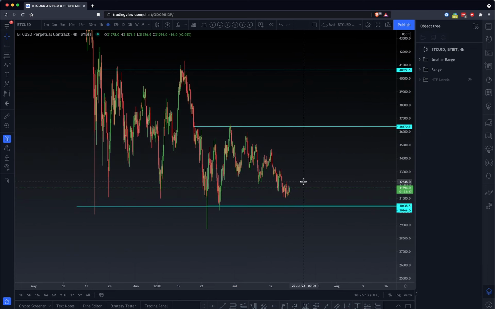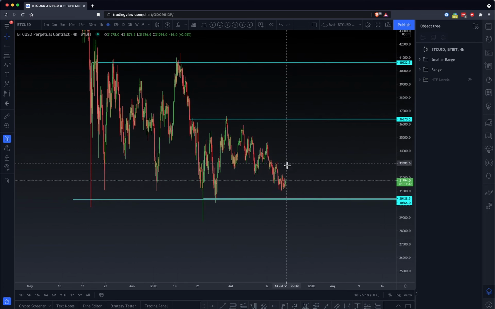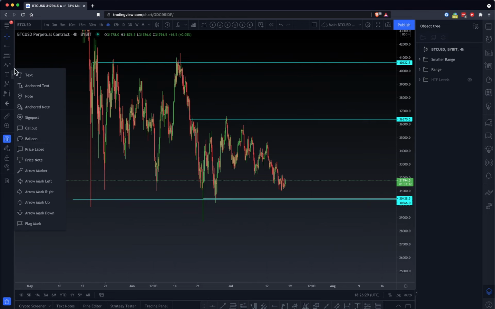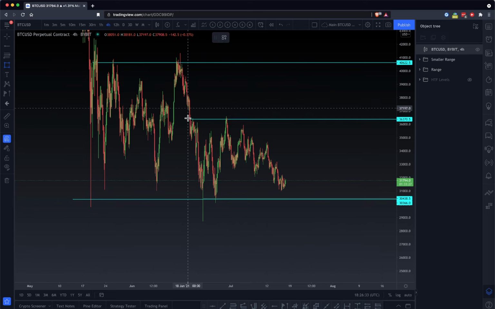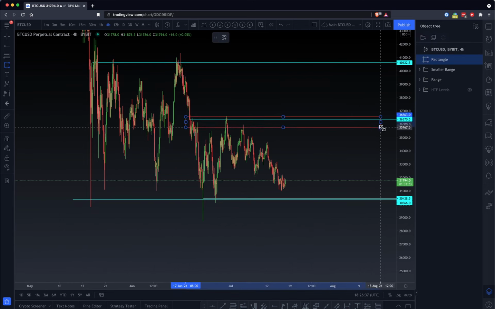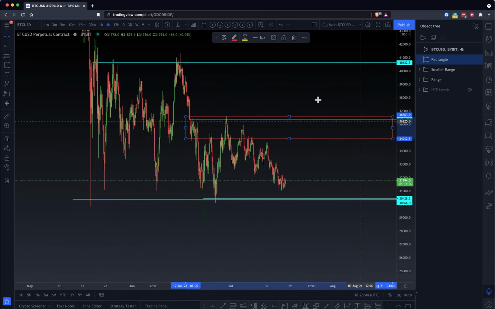Yeah, because we have so many resistances above us, and if we can't break those and reclaim this 36,000, like this region of resistance, even you can just expand it to around this region.